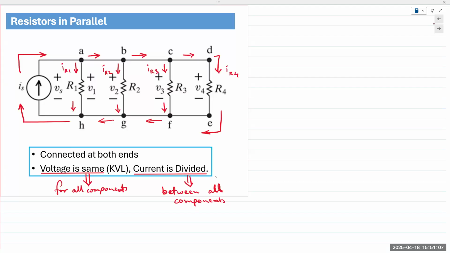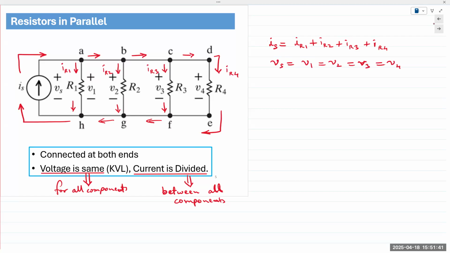Okay, so I can apply KCL at the top, and I can get IS is equal to IR1 plus IR2 plus IR3 plus IR4, right? And then voltage VS is the same as V1, same as V2, same as V3, same as V4.